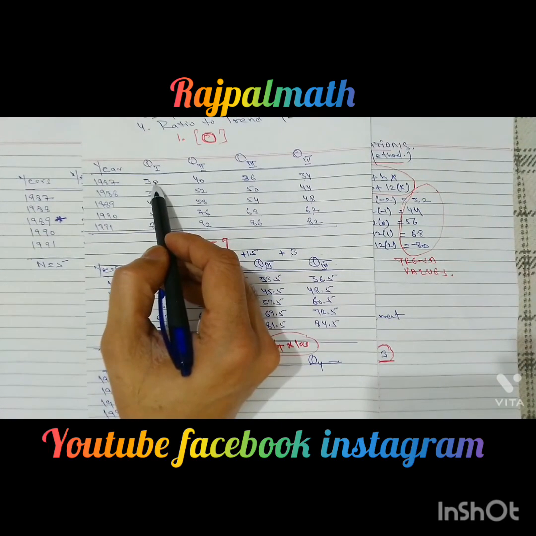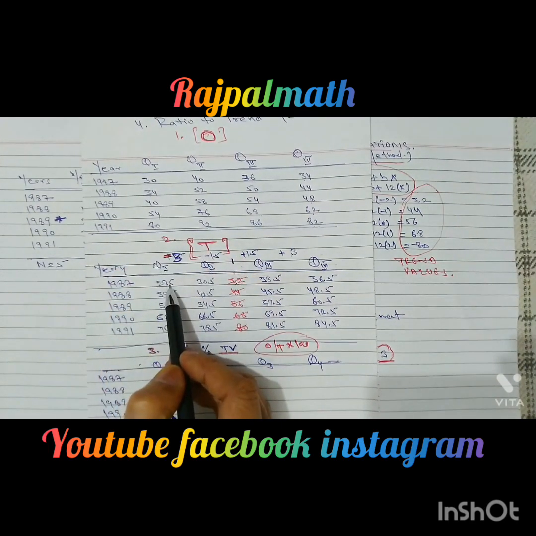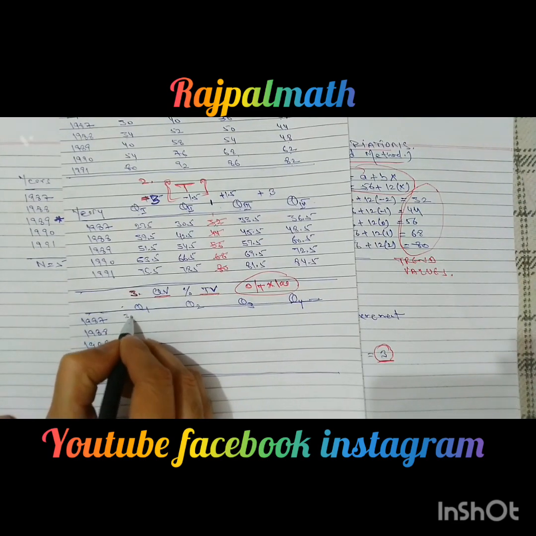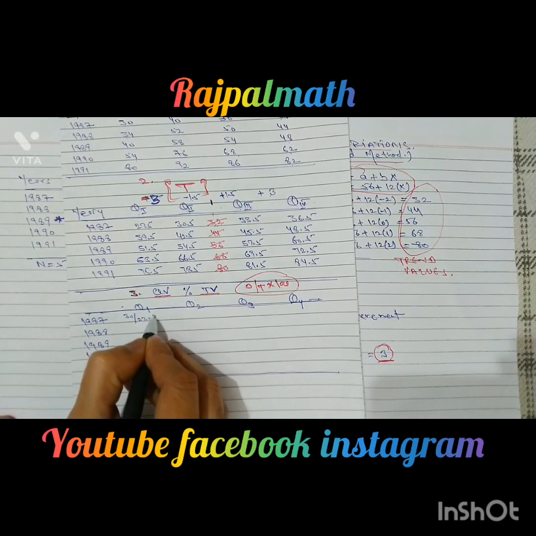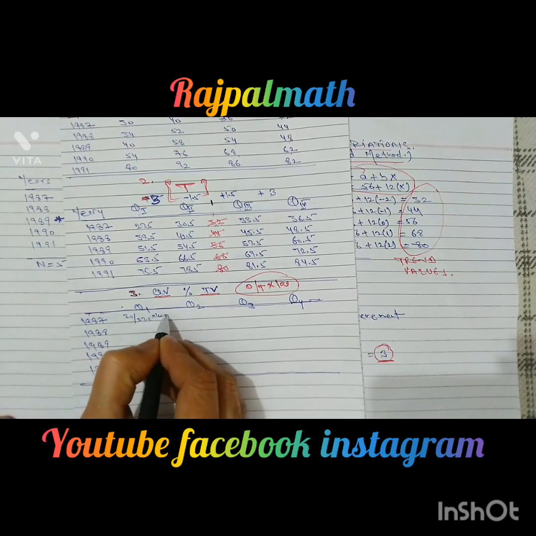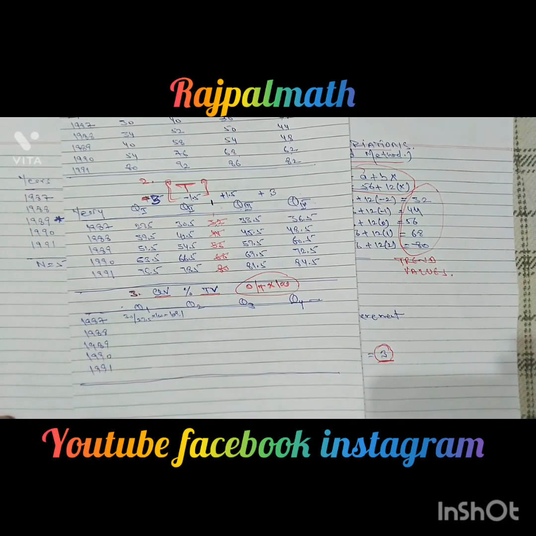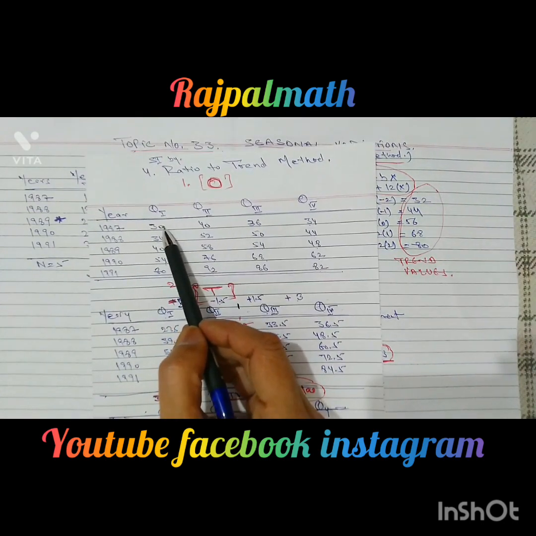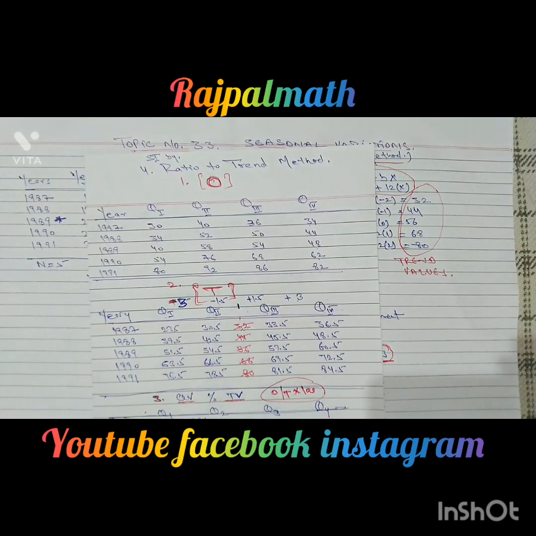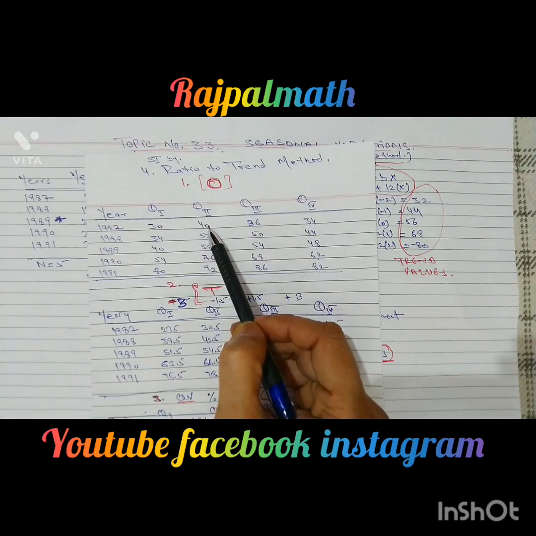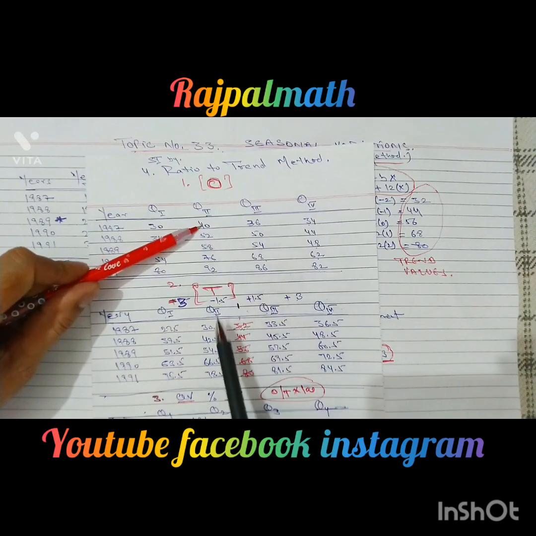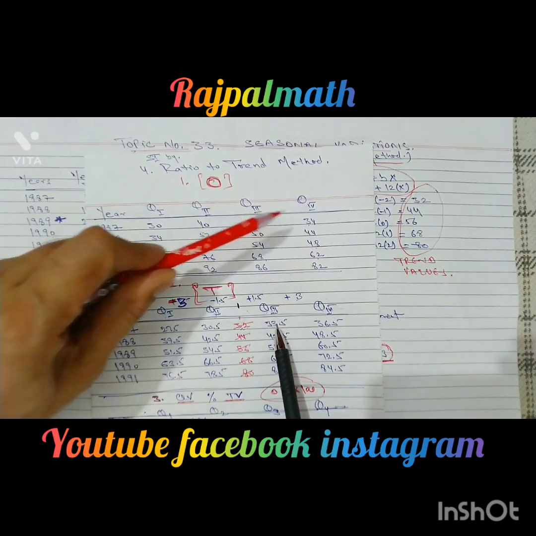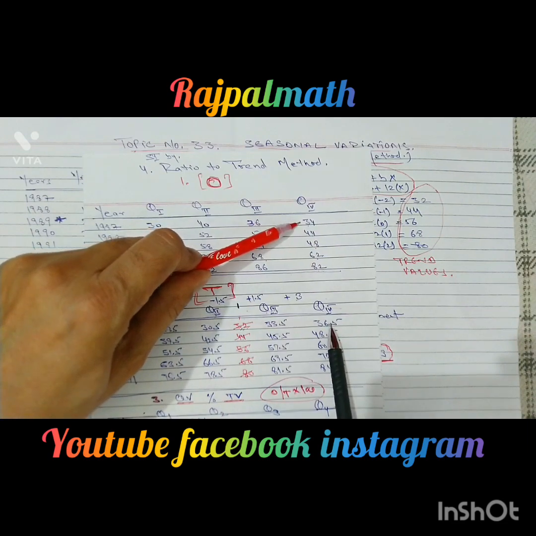Therefore, O divided by T into 100 is 30 divided by 27.5 into 100, which comes out to be 109.1. Clear? For the first quarter, first value, O divided by T into 100. Next, the second value, third value, and fourth value, the same way.